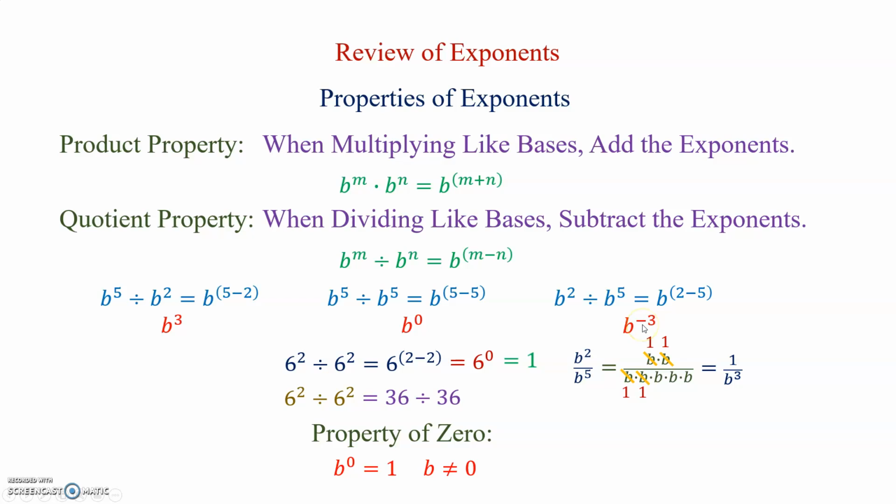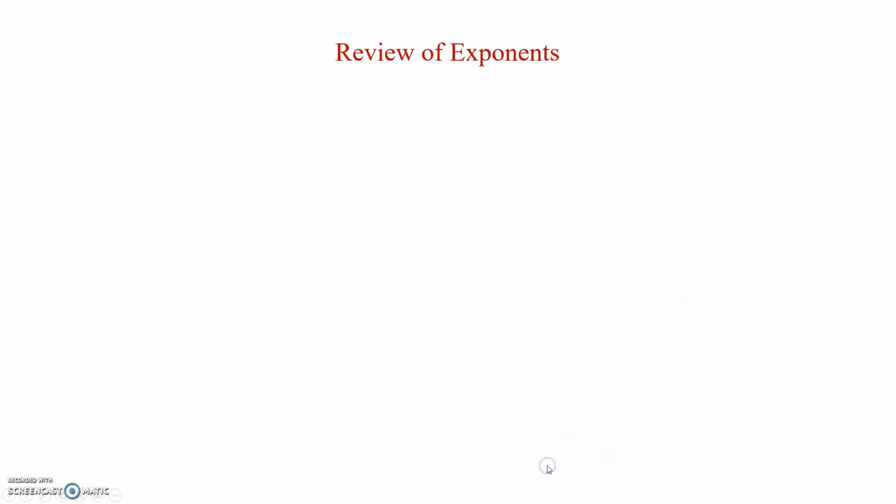The negative exponent simply means to reciprocate your answer. So that gives us the property of negatives. b to the negative n is the same thing as the reciprocal, 1 over b to the positive n. So the way one would approach it is you ignore the negative, go ahead and simplify the problem, and at the end, reciprocate.